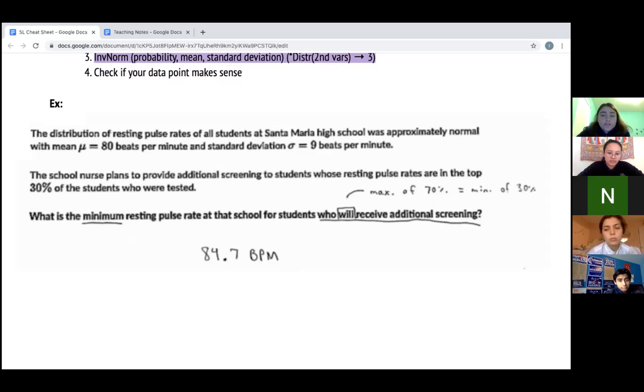My calculator doesn't do that, but it says top 30%. So that would be your key that it's within that top 30. So then the other part would have to be 70. Is it 84.7? Okay, cool.